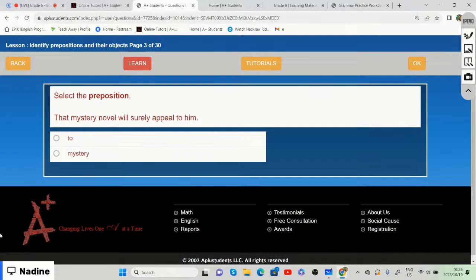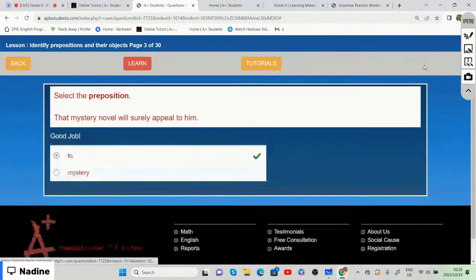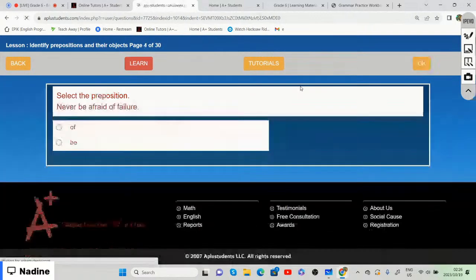If we select the preposition, then we can say to. Yes, so to. Well done. To is correct.